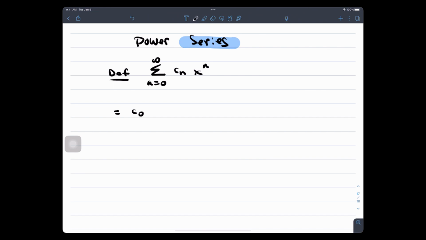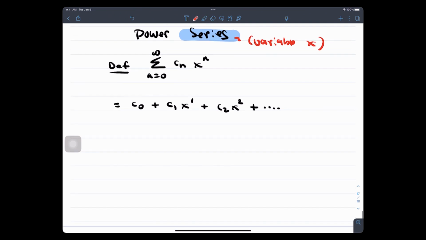Well, you've got C naught plus C1 x to the first power, C2 x to the second power, and so on. What it is, it's a series that involves a variable x. So this is going to be a big deal with what we deal with next week. So I want to give you guys some examples of that and some definitions because it is a very big deal.